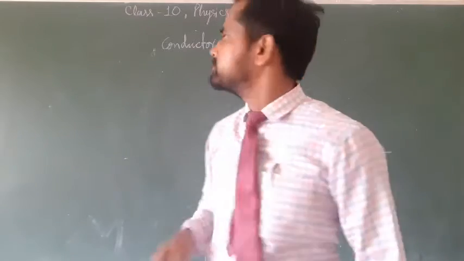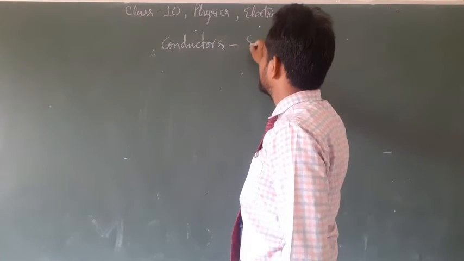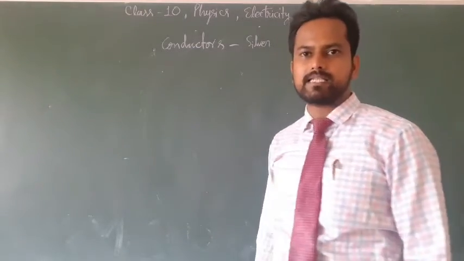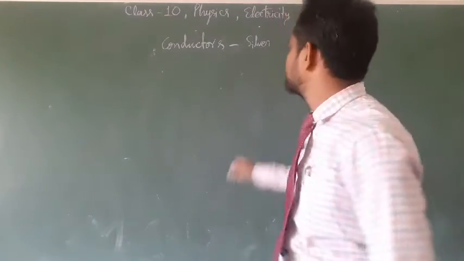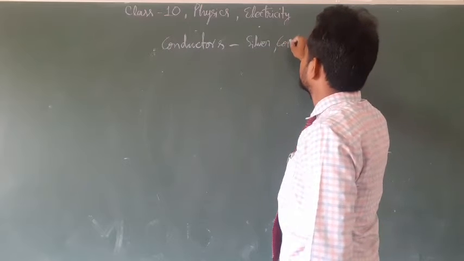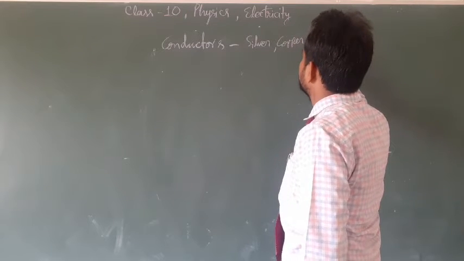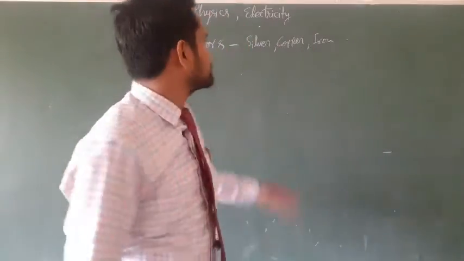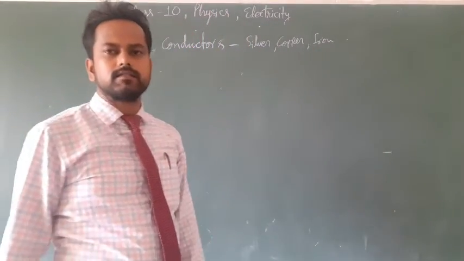For example, silver. You know, silver is the best conductor of electricity. Copper, aluminium, iron, etc. These are examples of conductors.